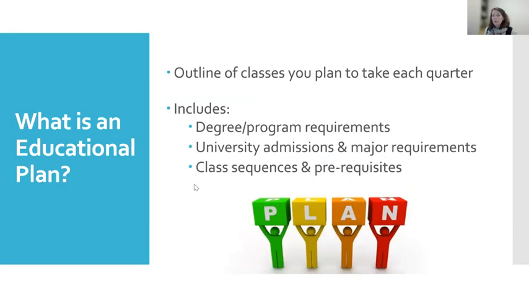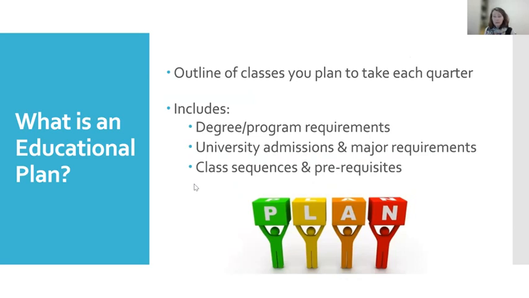So first of all, what is an educational plan? It's kind of an academic term. Well, specifically, it is an outline of the classes you plan to take each quarter while you are at North. It should include all of these three things: all of the degree or program requirements that you need to complete to earn the credential you're planning.